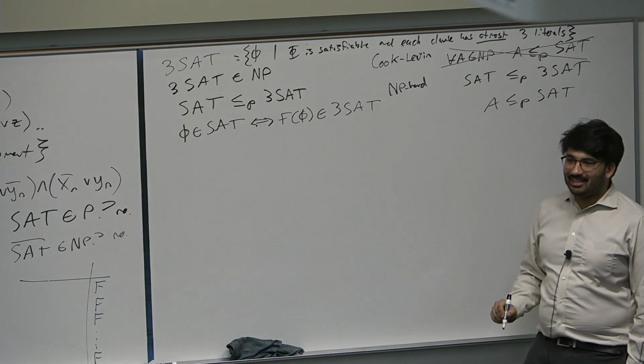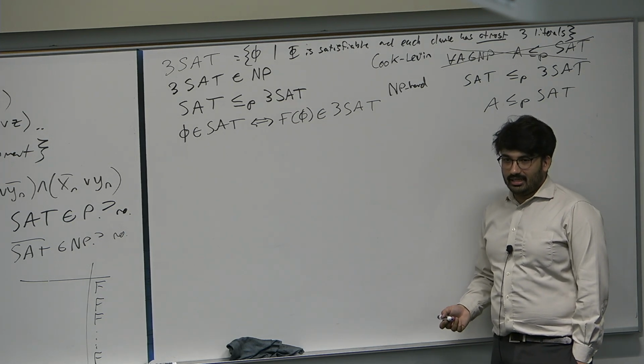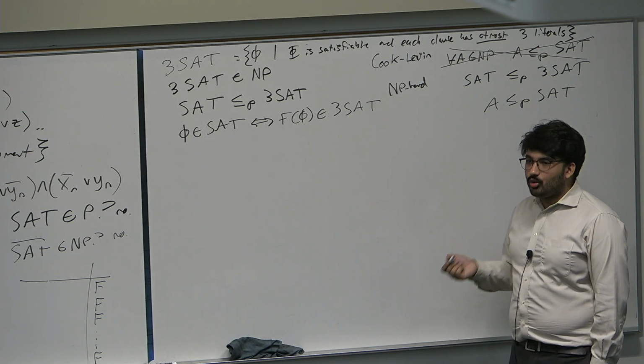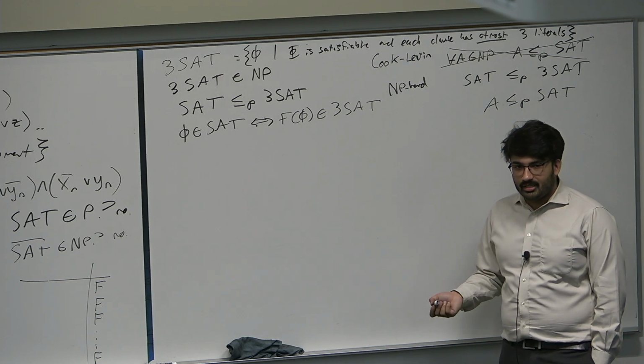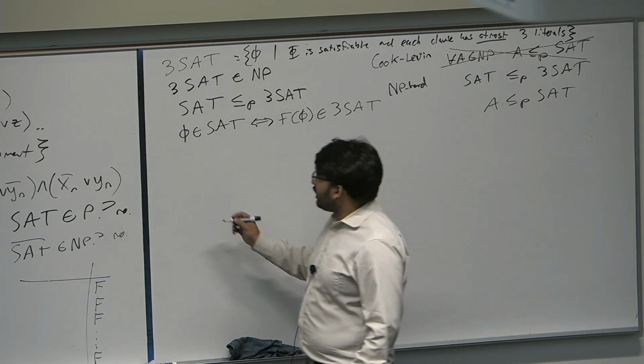Now we just mentioned we cannot decide SAT efficiently, but we can in fact translate SAT efficiently. So what we're going to do is translate from SAT to 3-SAT faster than we can actually solve either of them, in fact. Right? Here's the reduction.